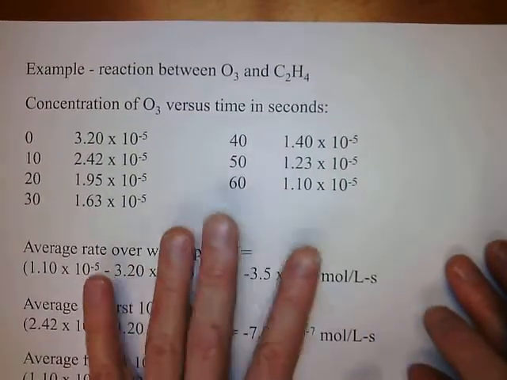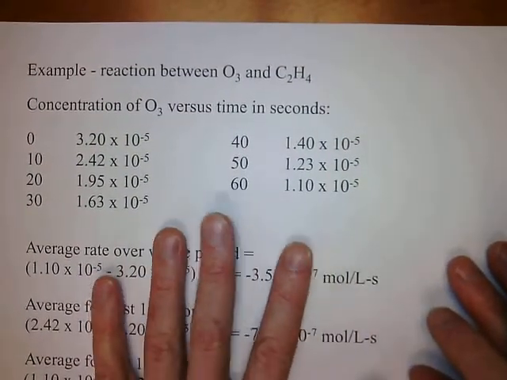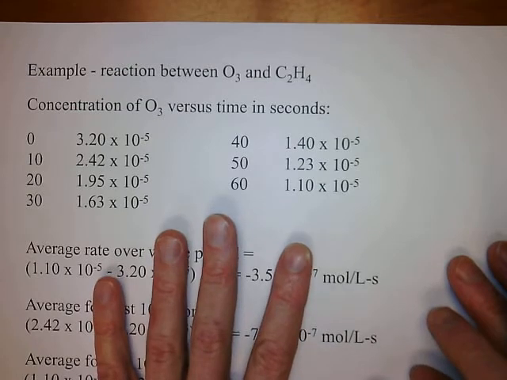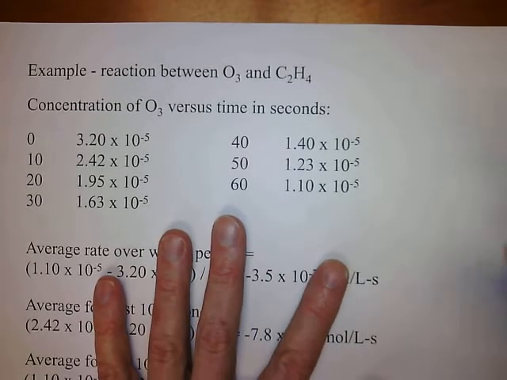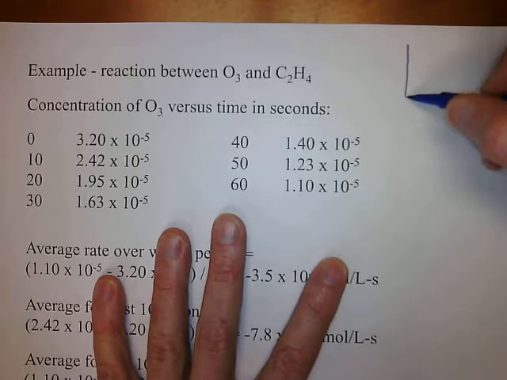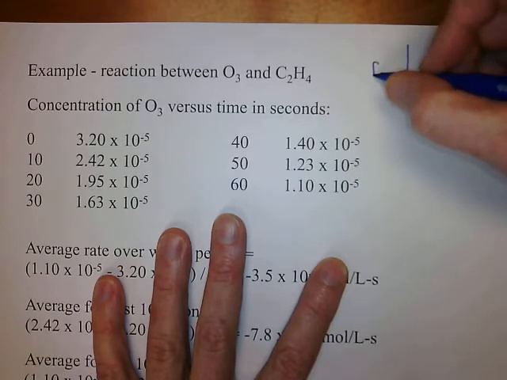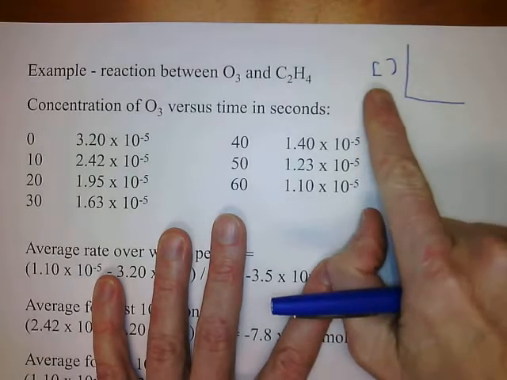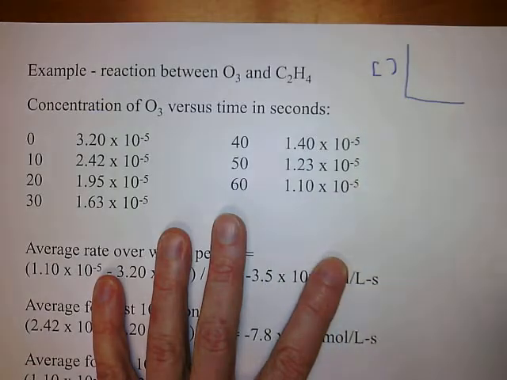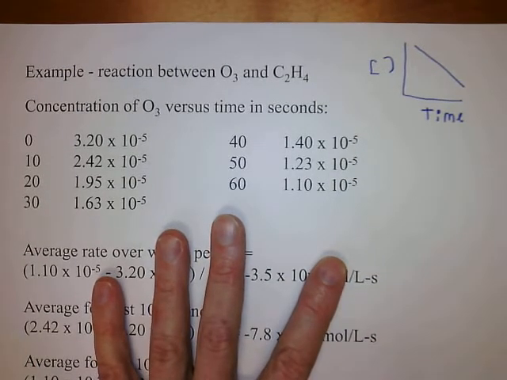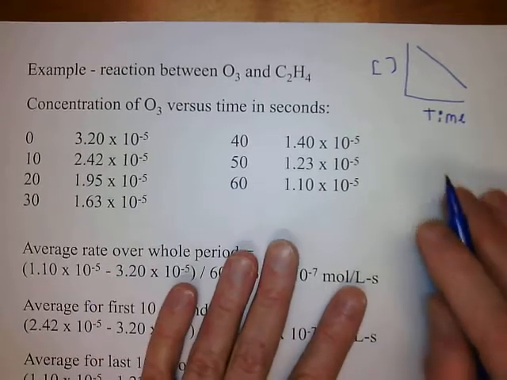Now, can you look at this data and see that it's not going at a constant rate? In other words, if you graph concentration, and brackets usually mean concentration, so if you plot concentration versus time, it's not going to be a straight line. Well, how can you see that?